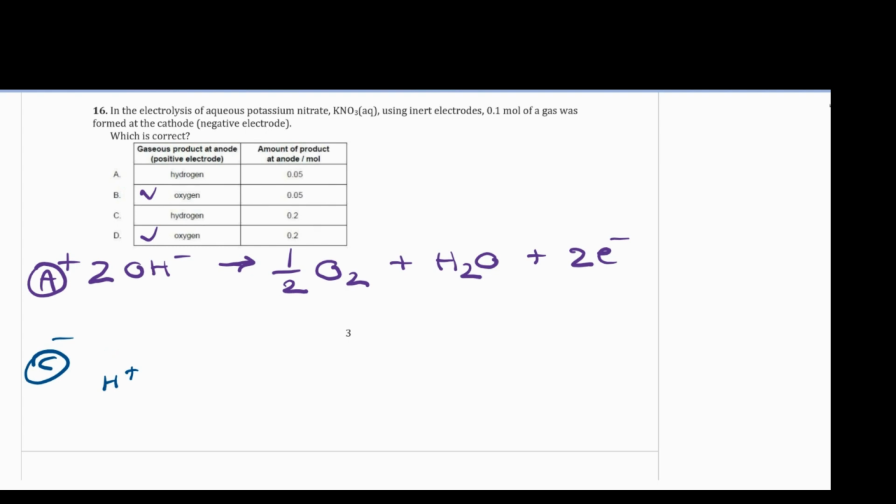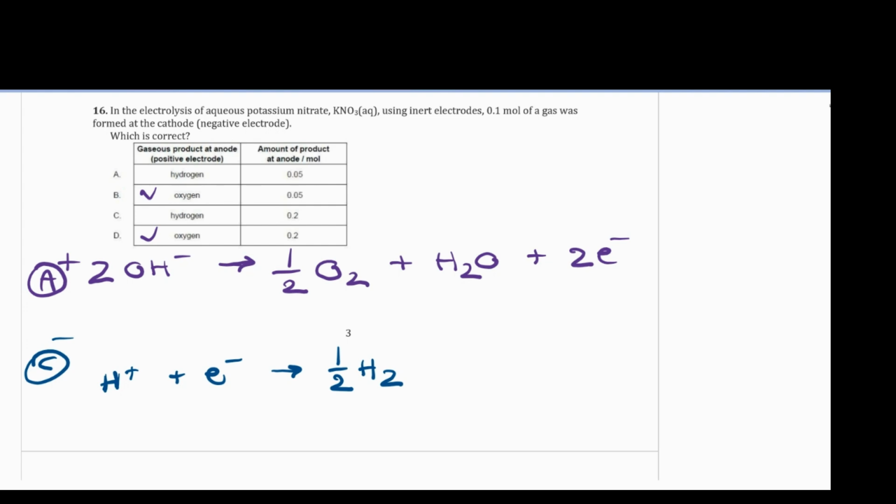The hydrogen ion, yes, the less reactive one. So what's the electrode potential equation for that? H plus plus an electron is reduced to half a hydrogen molecule.